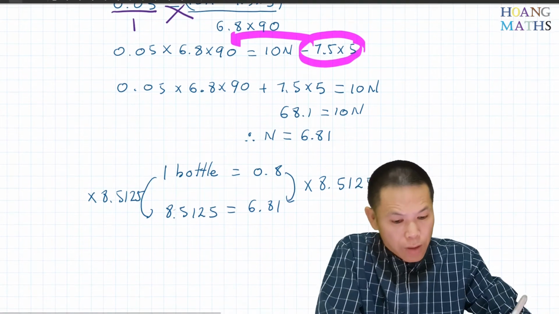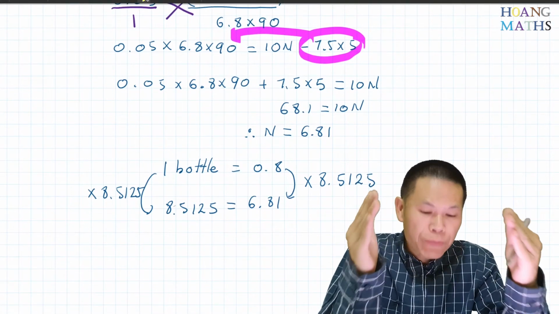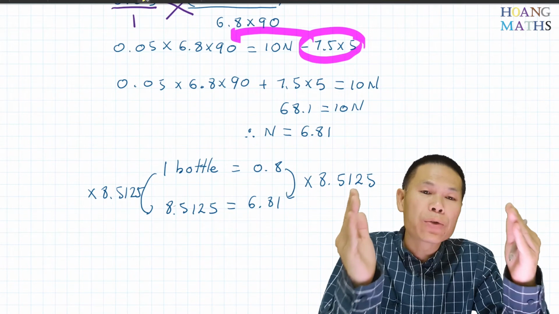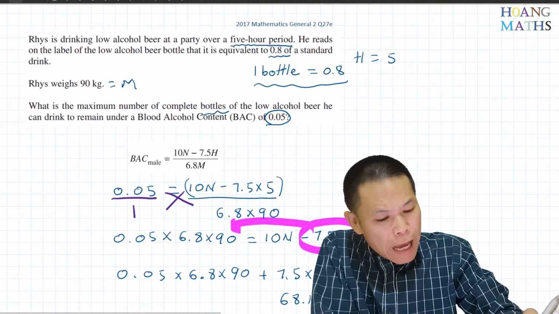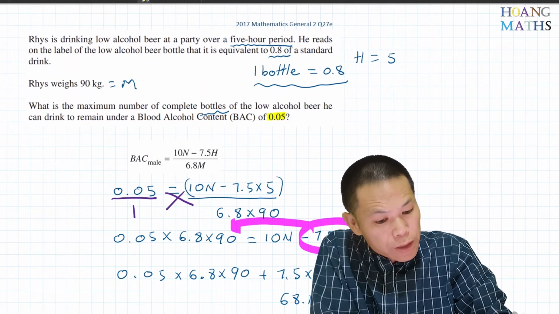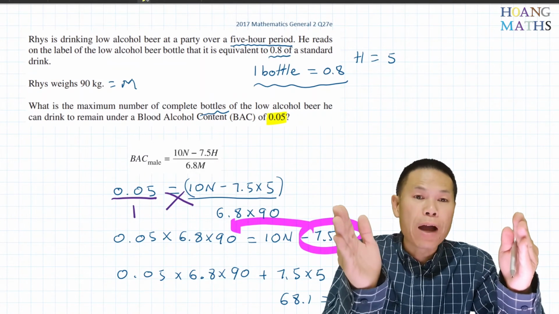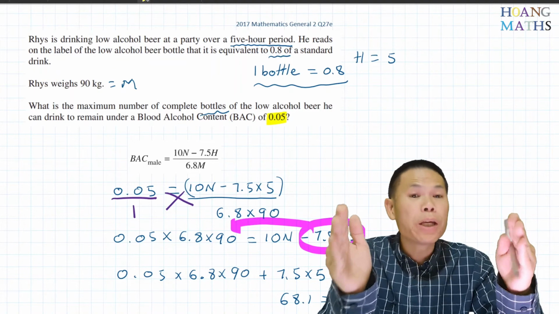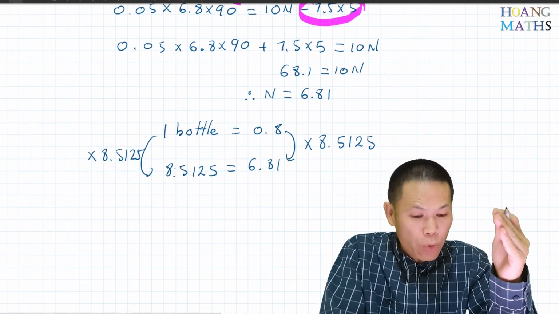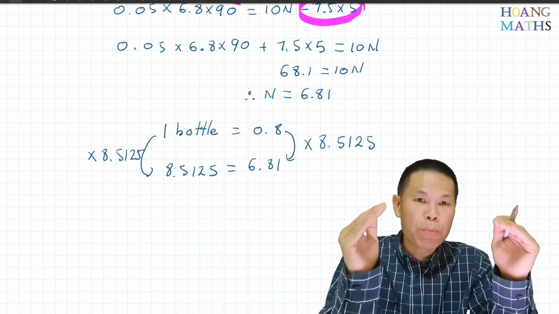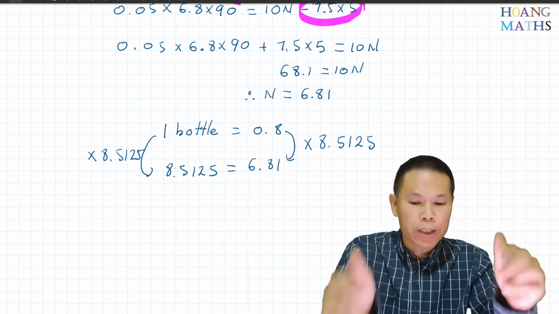So this is 8.5125 bottles. This means that if Reese drinks 8.5125 bottles of beer, he will have a blood alcohol content of 0.05. But we want to be below that. So therefore, if he drinks 8 bottles, it will be below 0.05 blood alcohol content.